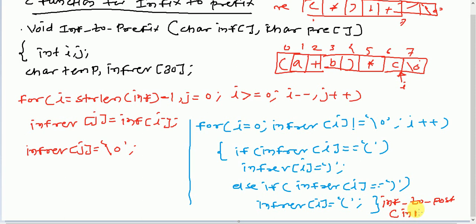The first string is the infix reverse string and the second string is the prefix string, because we want the result in prefix. So this is the call for infix to postfix: infix reverse string, that is our infix expression, and prefix string where I want the result of infix in the prefix format.